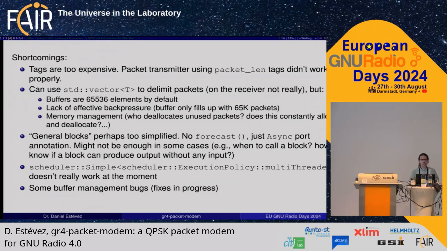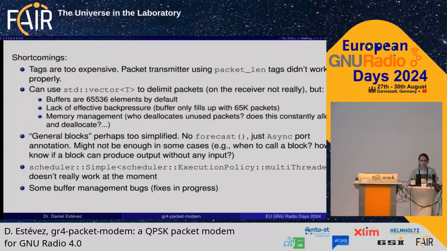With these large buffers, there is a lack of back pressure because the buffer only fills up with 65,000 packets. And then something about memory management. So you have these standard vectors rather than scalar types. Who deallocates the unused packets? Is it constantly allocating, deallocating? All sorts of questions for me.